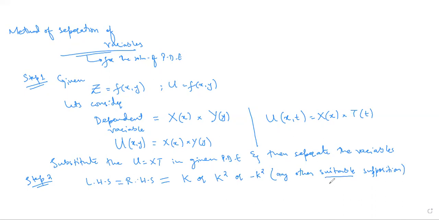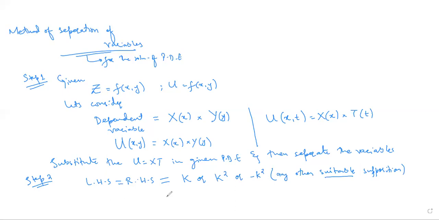For some cases, we can work with only supposing the separation of variables equal to k. But in some cases, like in the wave equation, we need the solution as a combination of trigonometric functions, sine or cosine.